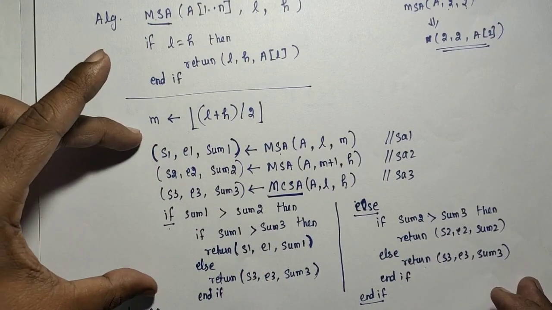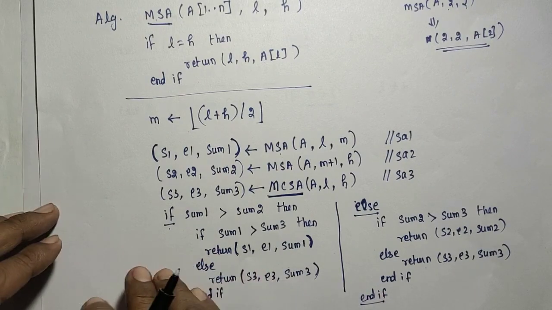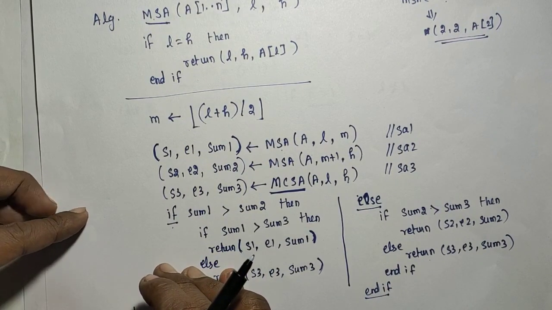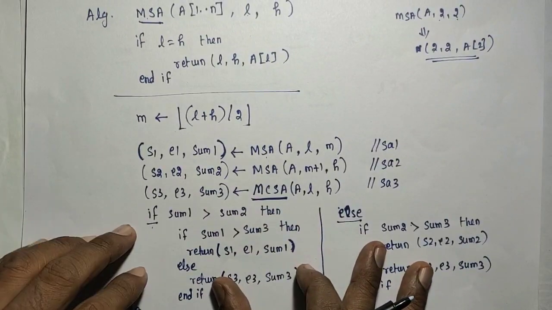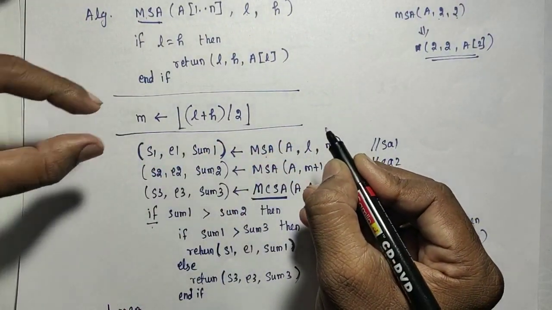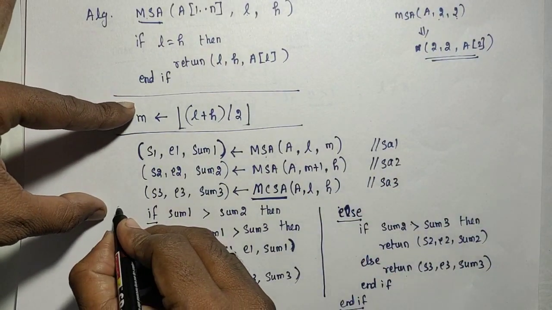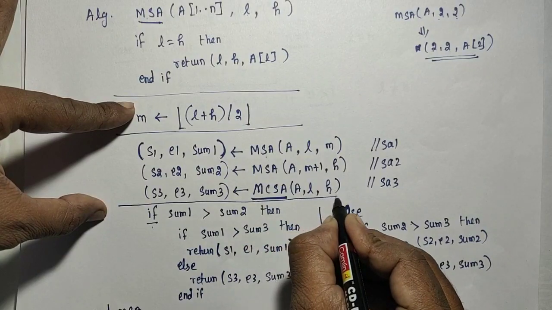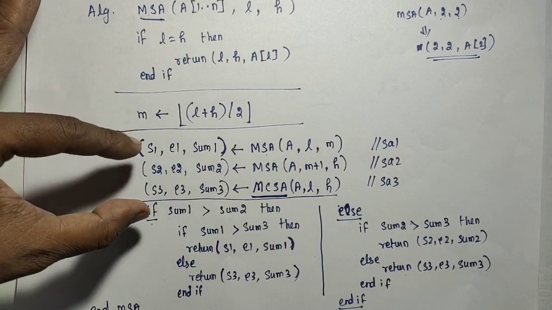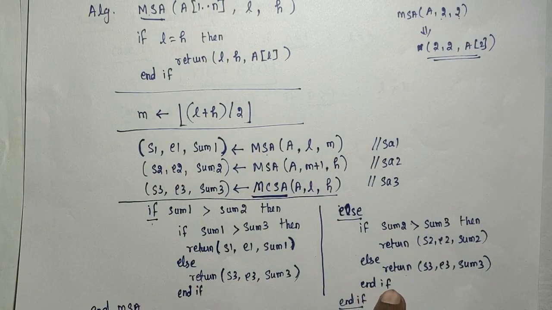Here in this code we have applied divide and conquer. So the steps of divide and conquer are divide, conquer and combine. What is the complexity for dividing the input? What is the complexity for conquer? Conquer means finding the solution of the subproblems. And what is the complexity for the combine?